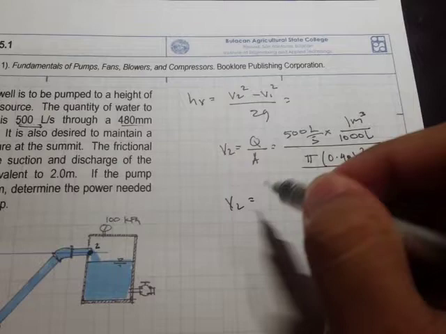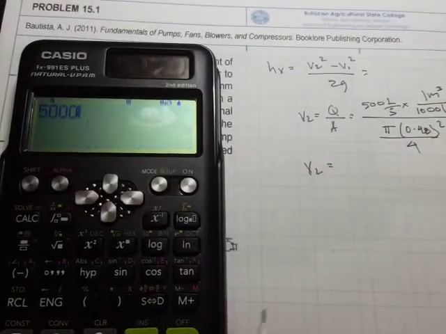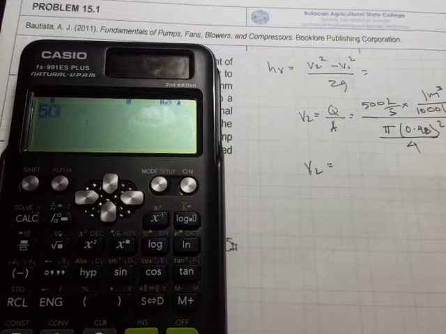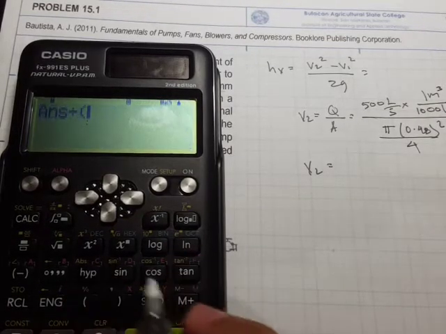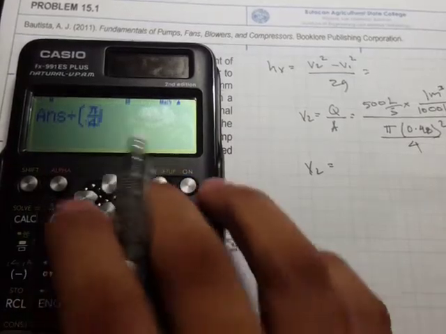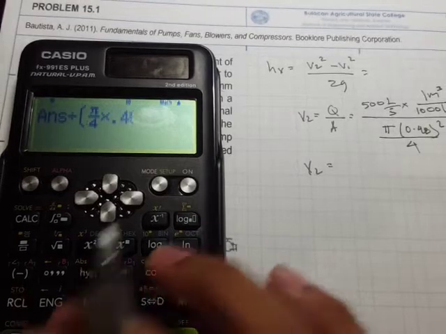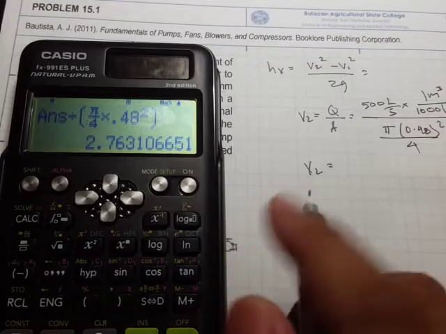So v sub 2 is equal to 500 divided by 1000, divided by pi over 4 times 0.48 squared. So we have 2.76 meters per second.